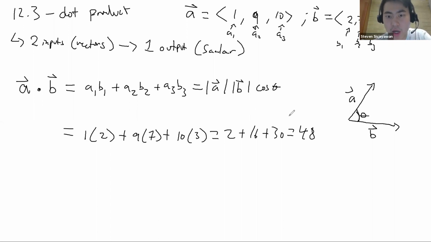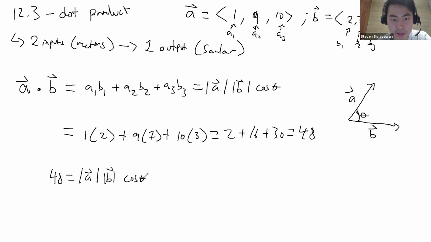As Joe was saying, it's how aligned these two vectors are to each other, and this follows the law of cosines. You can refer to the textbook for the formal proof, but I won't be discussing that today. When we look at the scalar result of 48, what does that mean? That is also equal to the magnitude of A multiplied by the magnitude of B cosine theta.